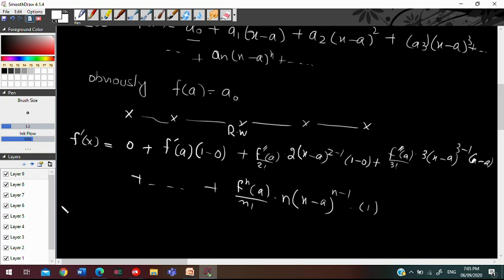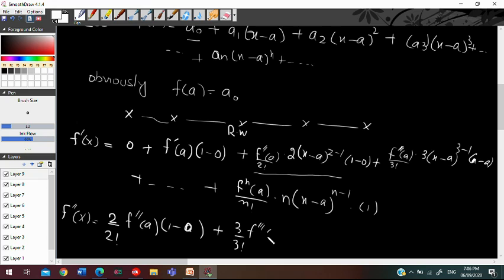And if I take its second derivative, what will happen? The first term is already 0 and this will also become 0. And then we have 2 by 2 factorial into f double prime of a, taking the derivative of this term, and then 1 minus 0, then 3 by 3 factorial f triple prime of a into (x minus a) squared.